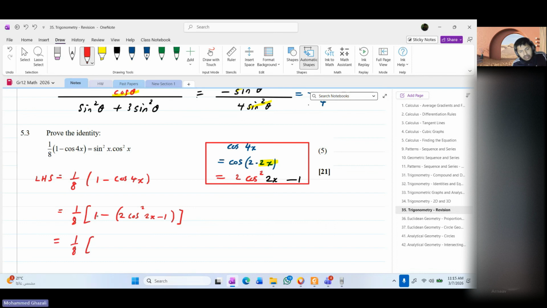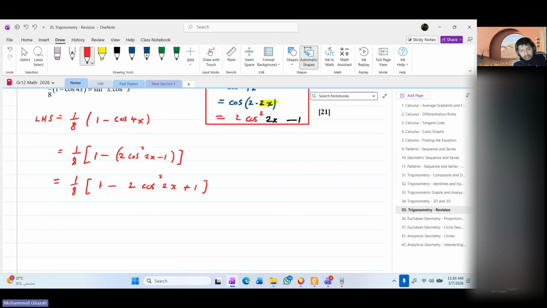See, if I try to simplify this, I've got 1 minus 2 cos squared 2x. Minus and minus becomes plus 1. Right? So you got 2 minus 2 cos squared 2x. 1 plus 1 is 2.